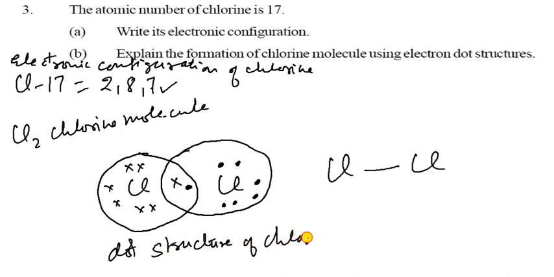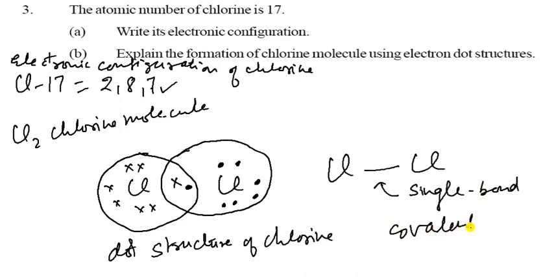And this chlorine also has 7 electrons in the outermost shell. So let us see what will happen. They share 1 electron like this, and this chlorine also shares the electron like this, and they form a single covalent bond. So that is the dot structure of chlorine.